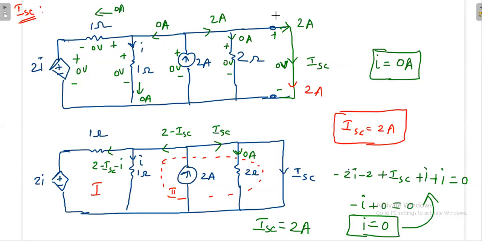R Thevenin is equal to V Thevenin divided by the short circuit current. So that is 4 divided by 2, that is 2 ohm.